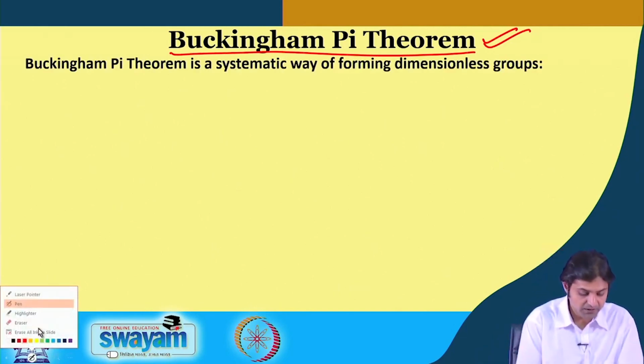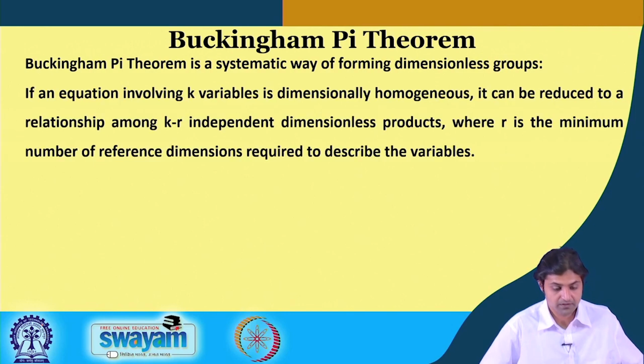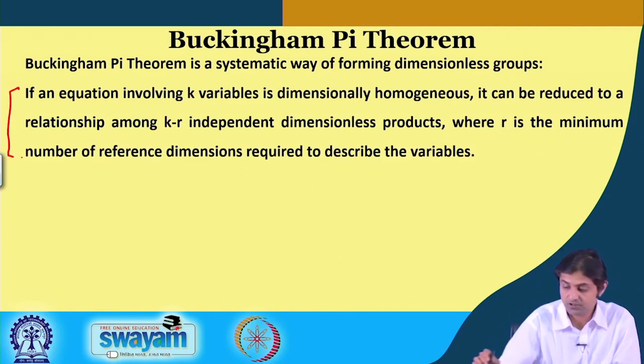So, Buckingham Pi theorem is actually a very systematic way of forming dimensionless groups, very systematic way. So, if you follow those steps carefully, you will always be able to solve any problems related to dimensional analysis. So, what the theorem says? So, this is the theorem.